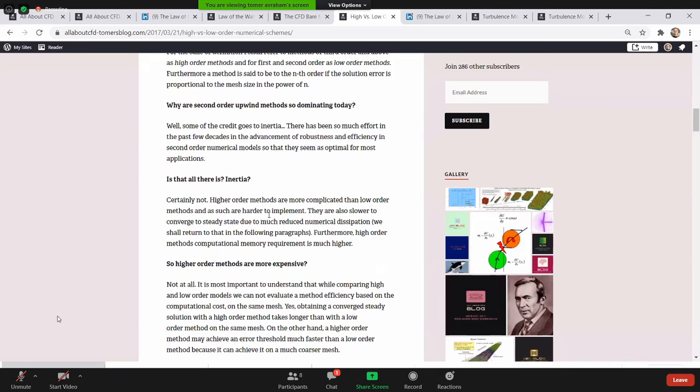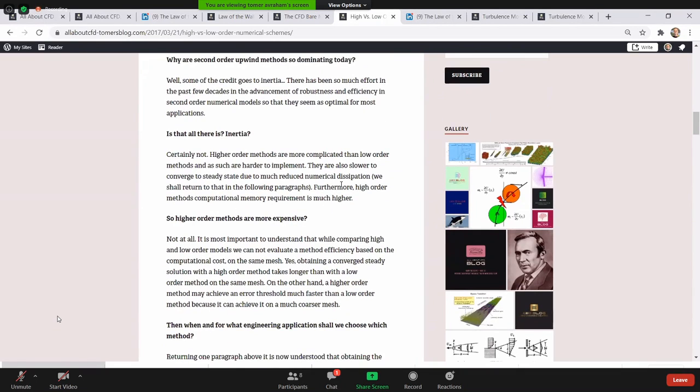But it doesn't mean that we could not gain a lot of knowledge by using higher order models, especially as we saw, the numerical dissipation and numerical dispersion, which could be much reduced.